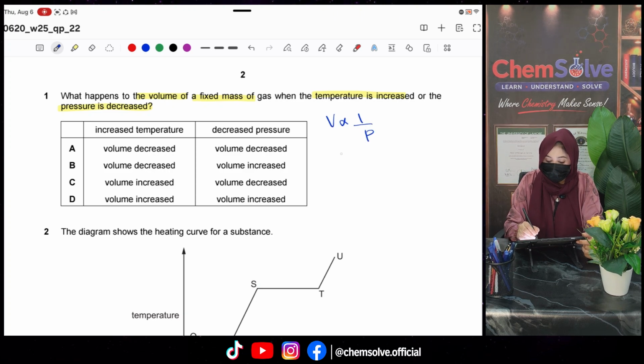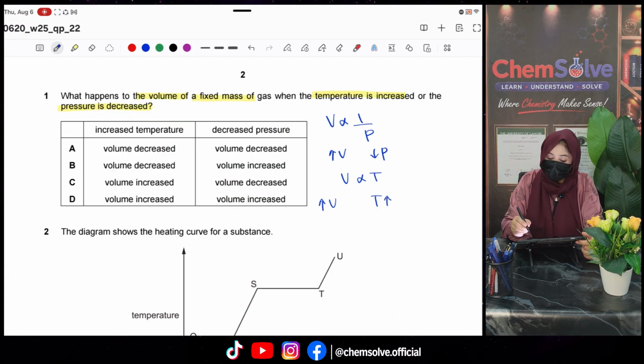It means when volume is increased, then pressure decreases. And the relationship between volume and temperature is directly proportional. It means if we increase the temperature, then volume would increase as well.